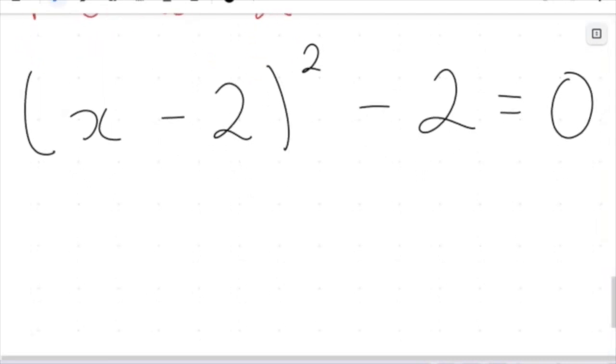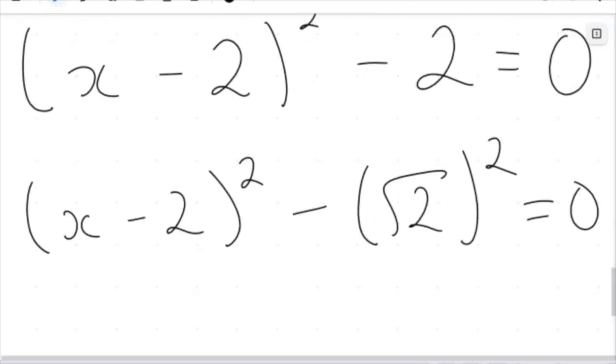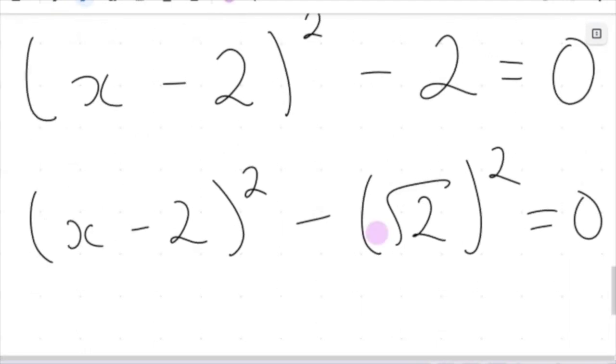Now, in the last video, we said that my x minus 2 squared, I can leave like this, but my 2 can be written as root 2 all squared. Now, remembering that a square root and a power of 2 are going to cancel out just to give me 2.